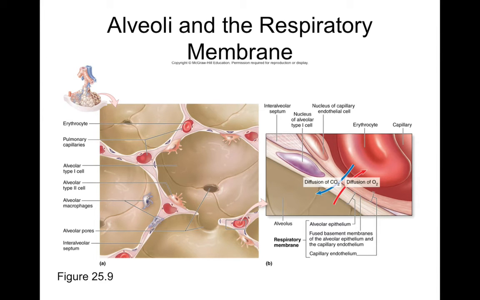So if we look at the respiratory membrane here, what we find is that each of these little circles is an alveolus, and it's in cross-section. So the alveolar membrane or wall is made of 3 cell types. We've got type 1 cells, type 2 cells, and macrophages. These are showing the type 2 cells. They're kind of cuboidal, and they produce pulmonary surfactant. What was the function of pulmonary surfactant? Stickiness of water. Good.